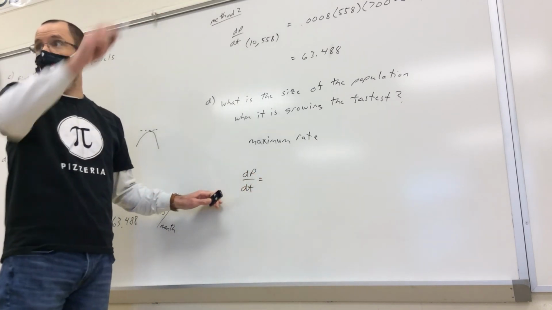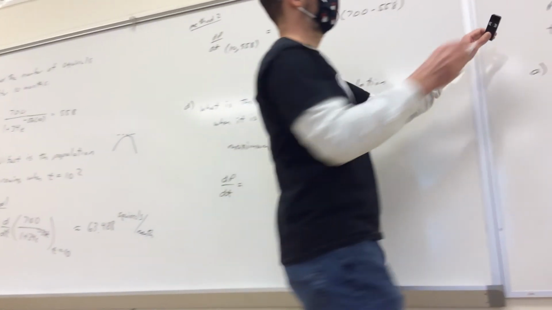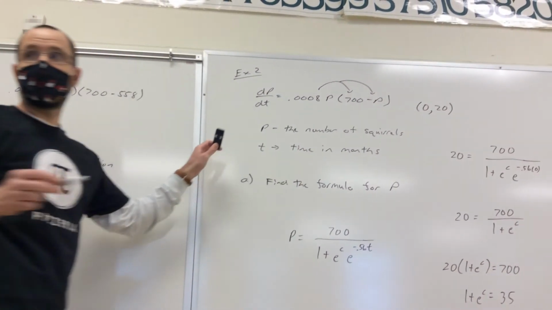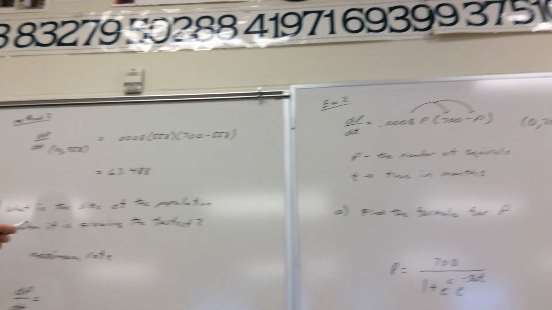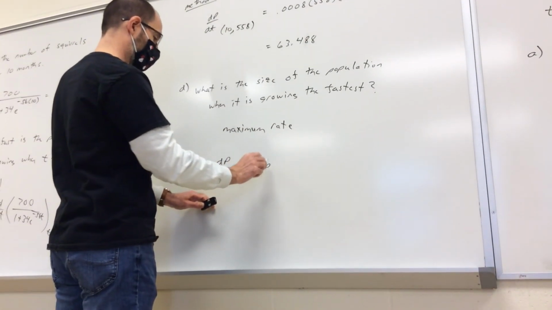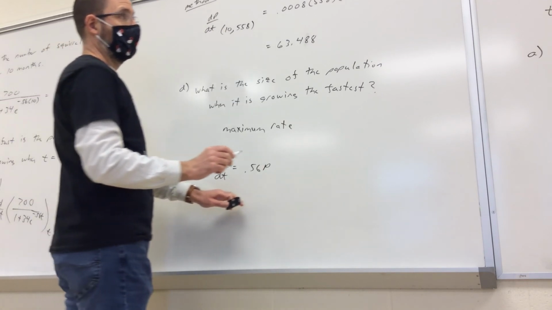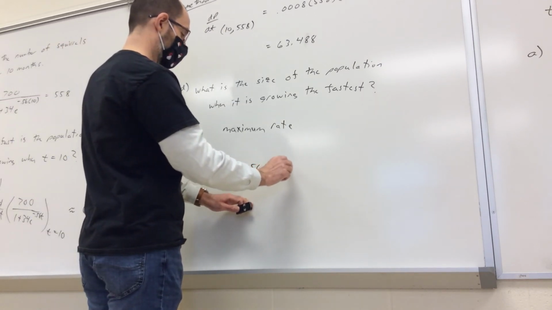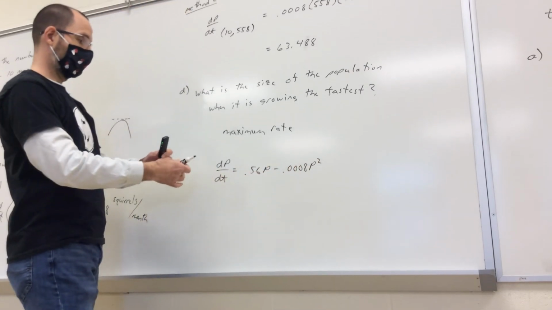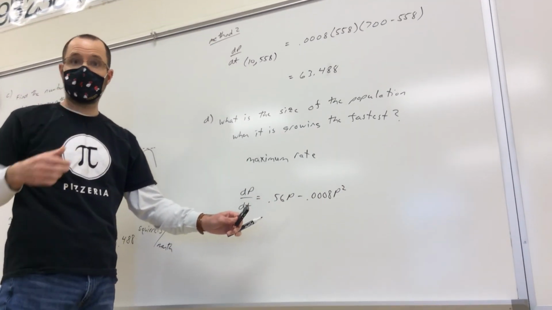I'm just going to distribute. So we already know 0.0008 times 700 comes out to 0.56. So that's 0.56p minus 0.0008p squared. So there's the rate function.